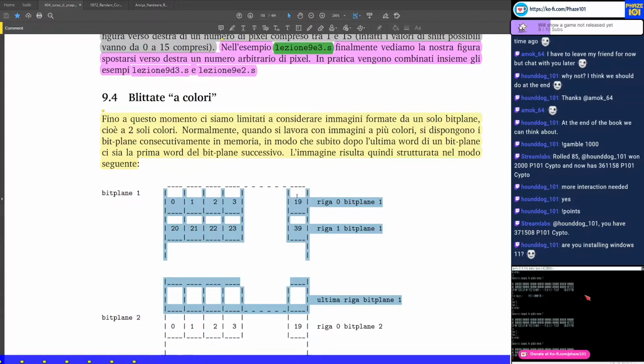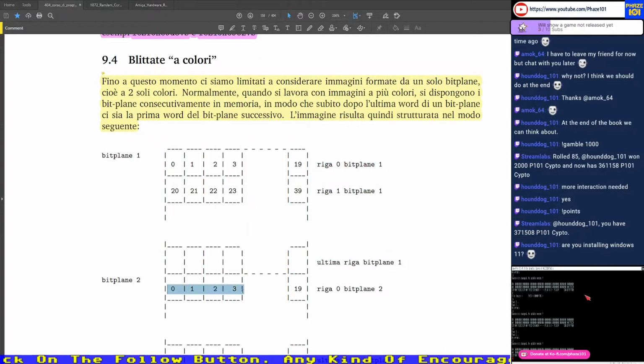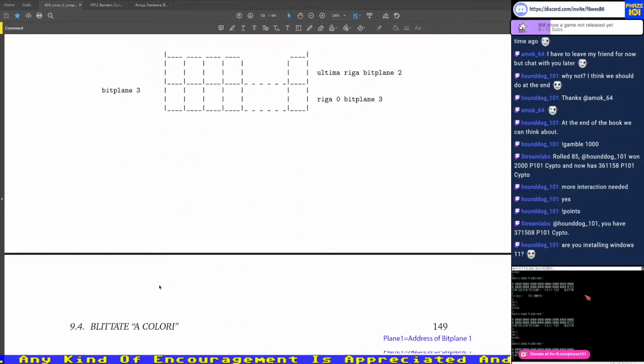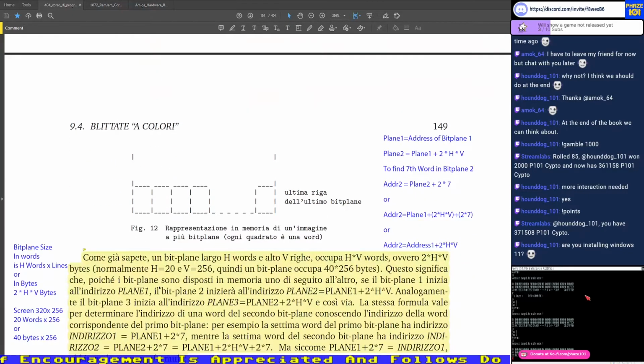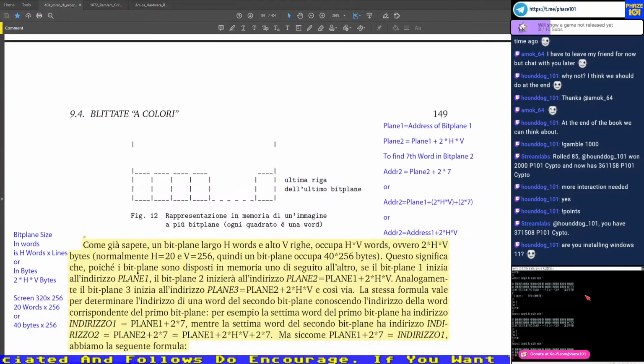When we end, which is when we arrive at word 19, we jump and we start line number 2, or line number 1 as he's calling it here, because we start from line 0. And we continue this till line 256. Once we've done 256, we start the next bit plane, and again follows. That is how bit planes are stored in memory, one after the other.